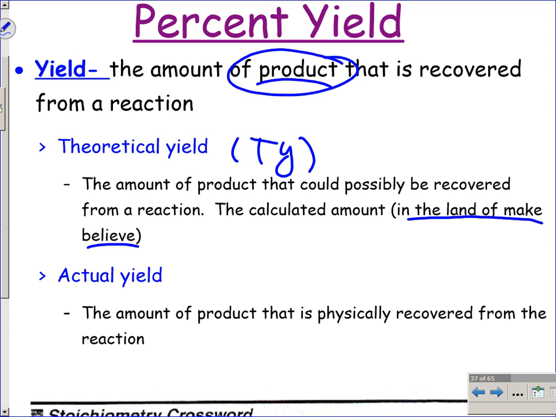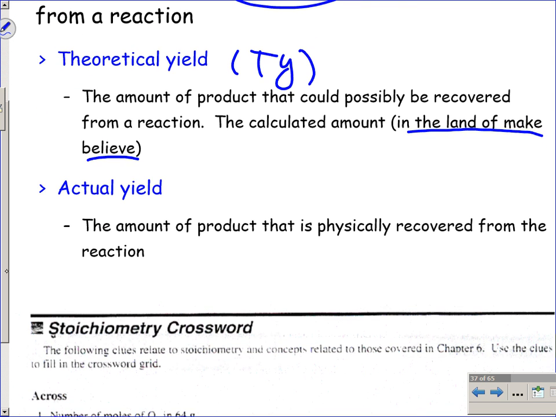But then we get in the lab, and we get going, and then Mikhailo bumps my elbow, and I spill the reaction everywhere, and I scrape it off the table to try to not let Miss Enlow see, and then I put it back in there. I'm like, okay, we're still good. But some mistake has happened. Some human error has occurred. And we actually get the actual yield. Now, which of those do you think is going to be bigger?